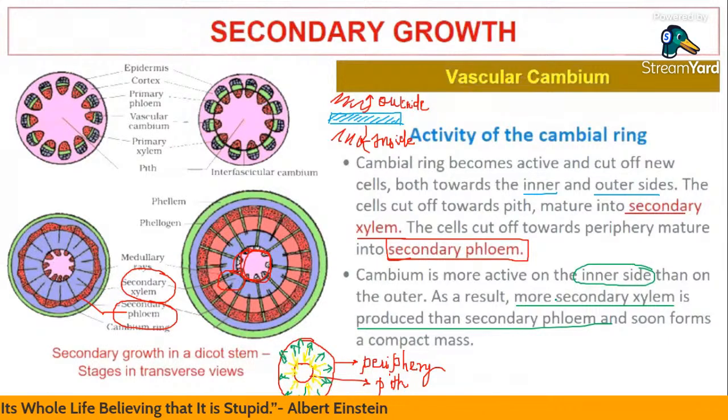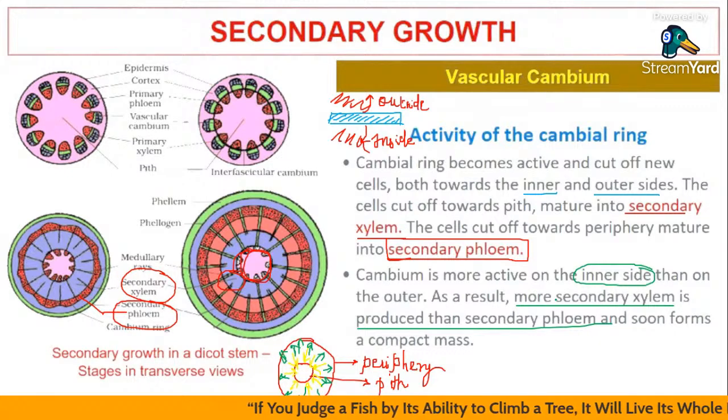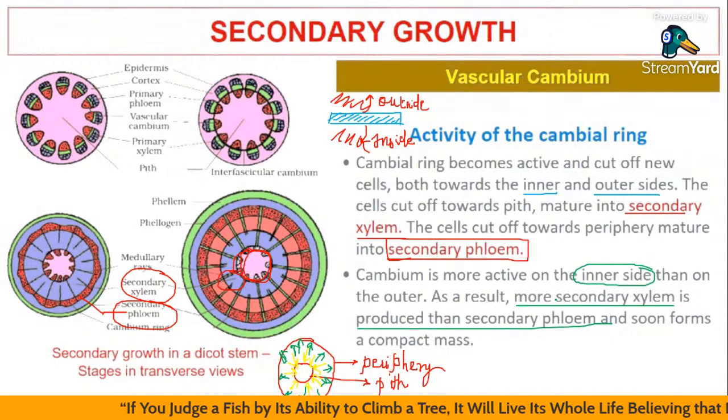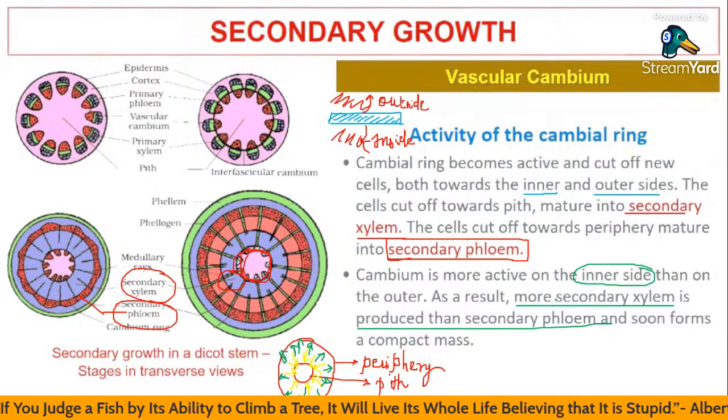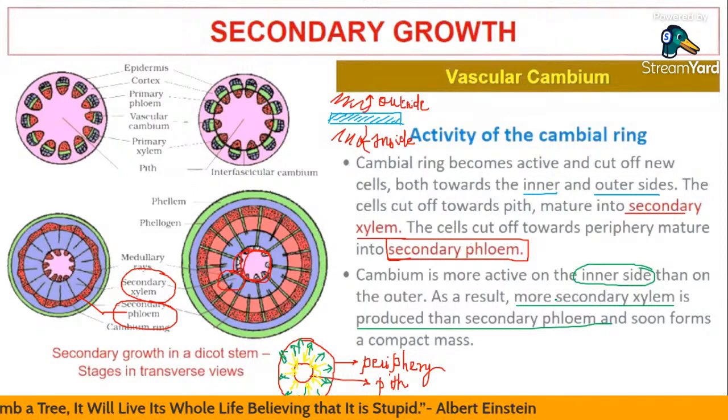Cambial activity is more towards the inner side, that is, more secondary xylem will be formed as compared to secondary phloem. As a result, a compact mass of xylem will be formed very early. Is that clear?